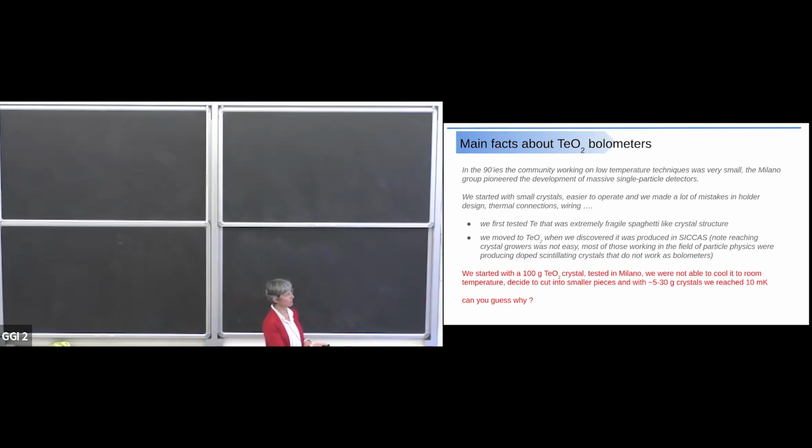Then we discovered a company in China that was able to grow tellurium dioxide crystals. This is a dielectric, a transparent crystal, and we started using this crystal that works very well at low temperature. At the beginning, we purchased a crystal of 100 grams, and we tested it in Milano. We had a cryostat in Milano, but we were not able to cool it down to base temperature.